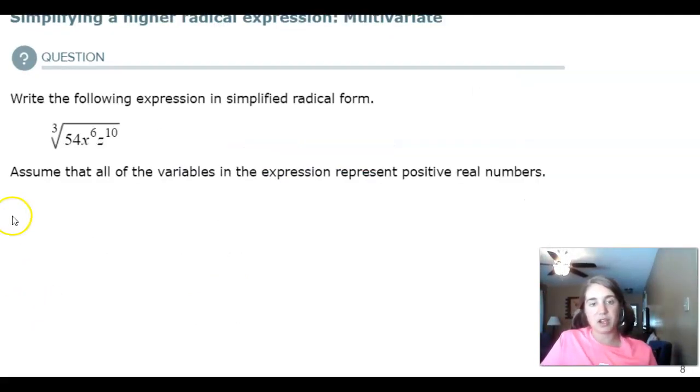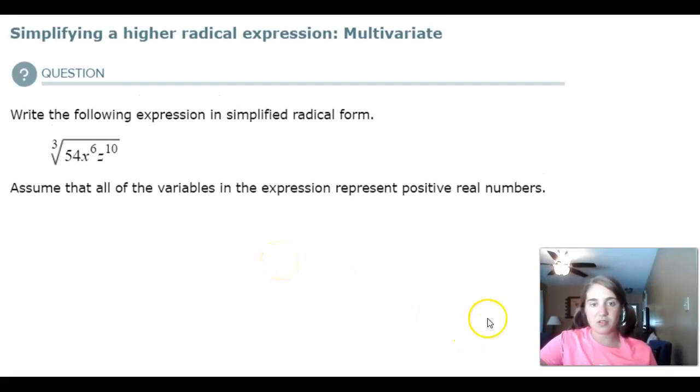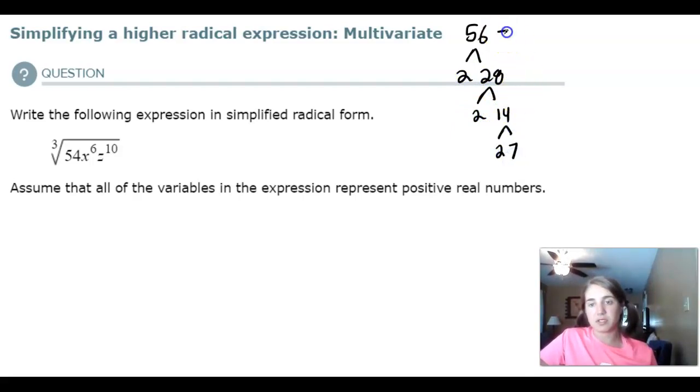Last one that we're going to try: let's break down 56 by its prime factors. 2 and 28, 2 and 14, 2 and 7, so 2 times 2 times 2 times 7.